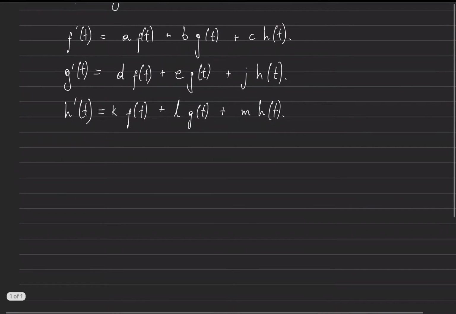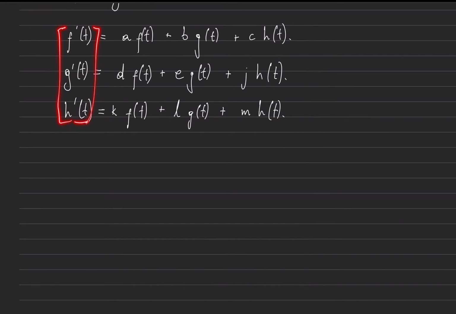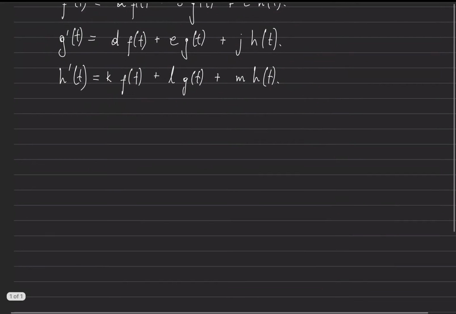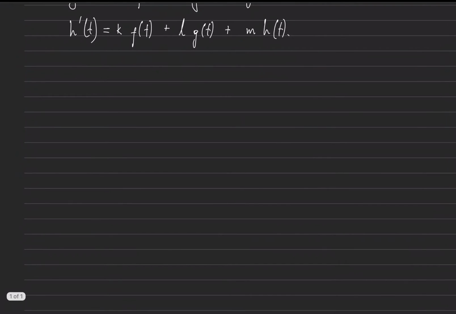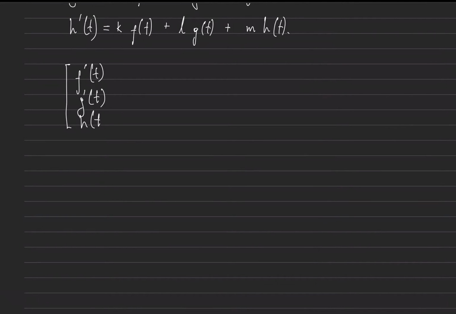So because these equations are coupled to one another, we can collect them into a nice container using the idea of matrices. So let's suppose we were to collect the derivatives into something like f prime of t, g prime of t, and h prime of t.